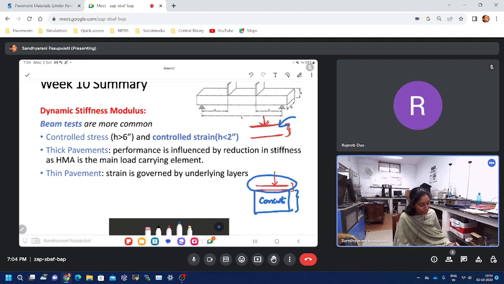That is the reason why whenever we perform the test on thicker pavements, we choose controlled stress. That means stress is controlled, but when we choose the thinner pavements, strain should be controlled. So the criteria is based on the thickness: for thicker pavements we use controlled stress, and for less than 2, we use the controlled strain.